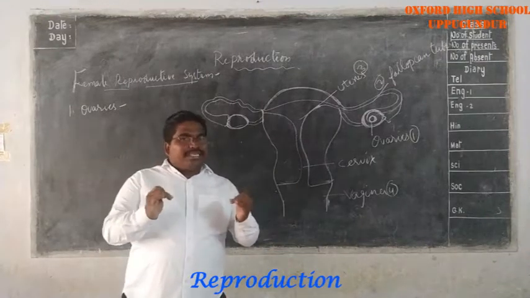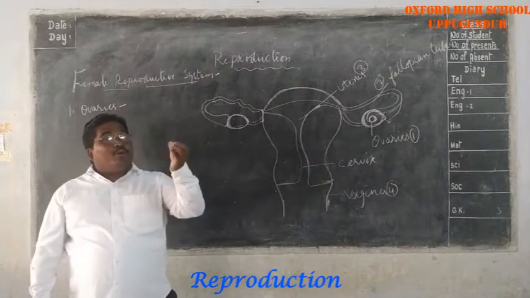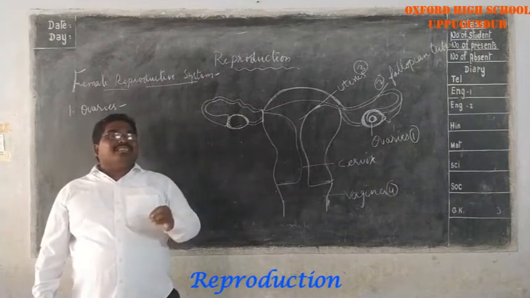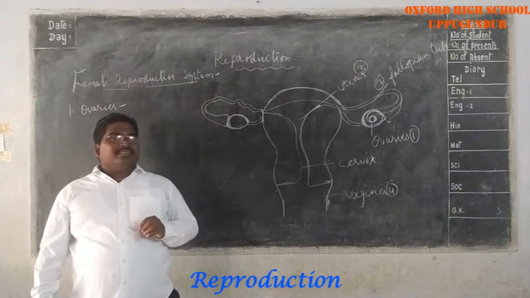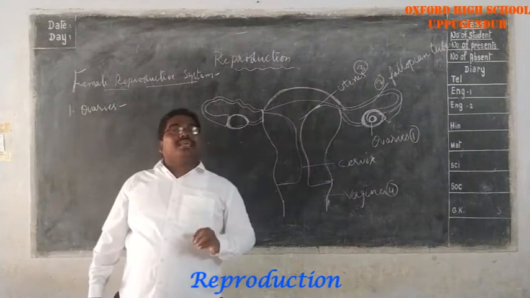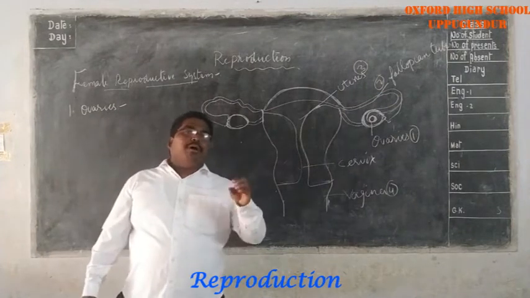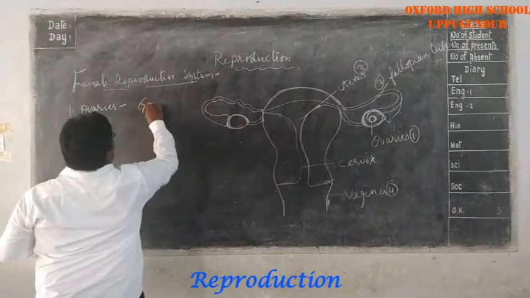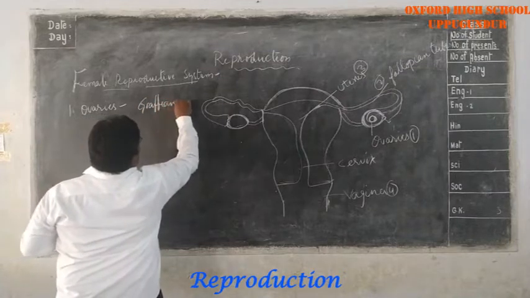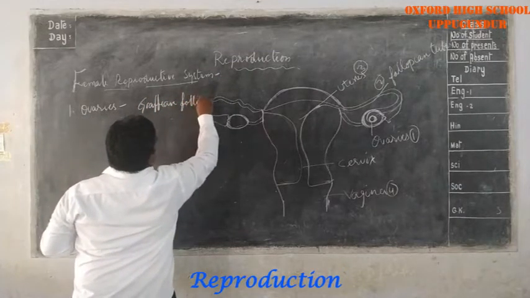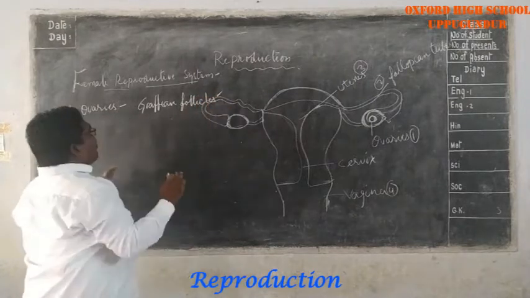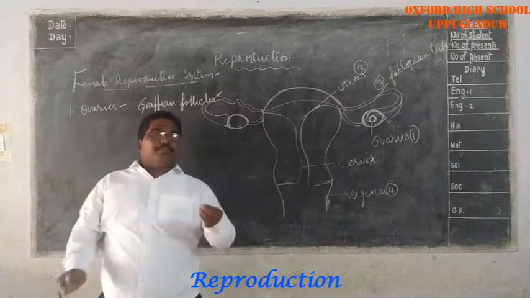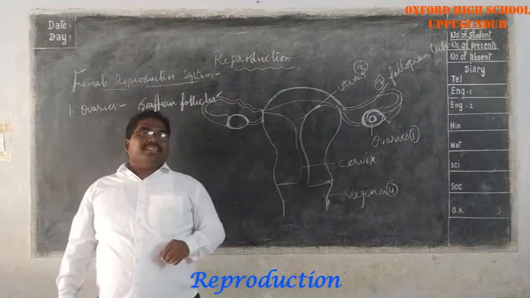The ova develop in cellular structures called follicles, which at first look like cellular bubbles, called Graafian follicles. So the ova develop in the Graafian follicles. Do you understand?